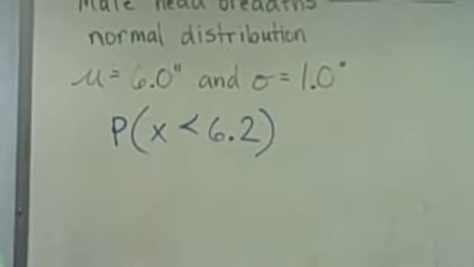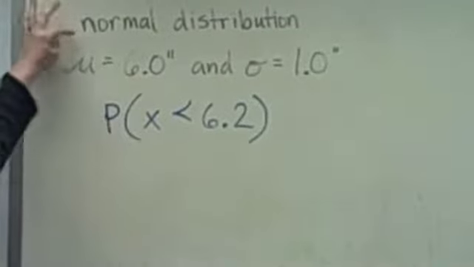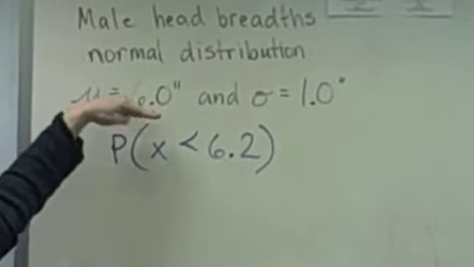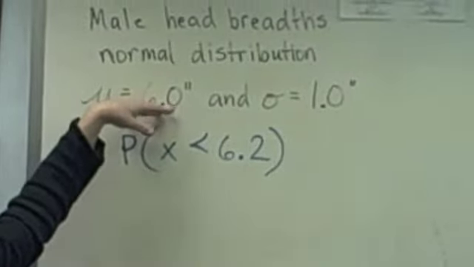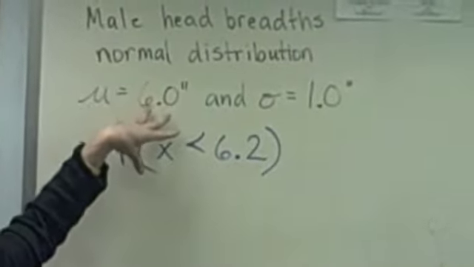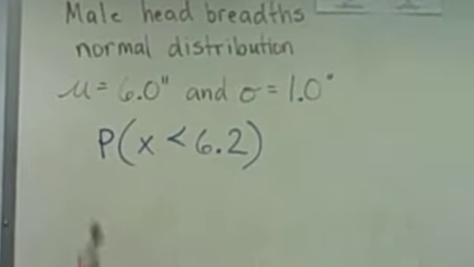6.2 inches. And if you think about, first of all, in the problem you've been told it's a normal distribution, but head breadths and the sizes can range from 6.0, 6.1, and everywhere in between, so it's a continuous distribution. So that backs up the normal distribution.